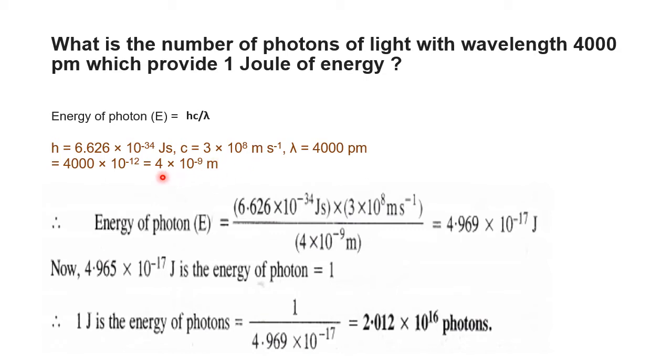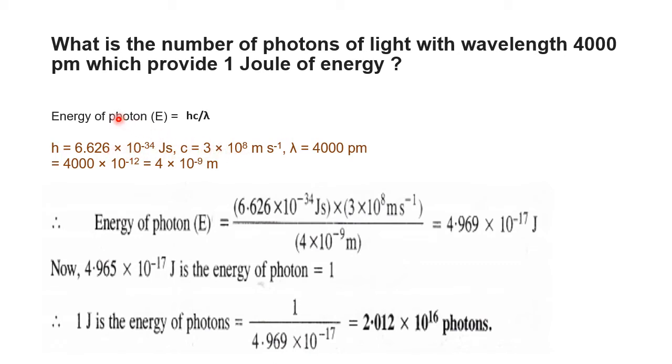Let us convert picometer to meter by multiplying 400 by 10 to the power minus 12. That is the conversion factor for picometer to meter. That gives you 4 into 10 to the power minus 9 meter. This is the wavelength. h is Planck's constant we know, and c is the speed of light.